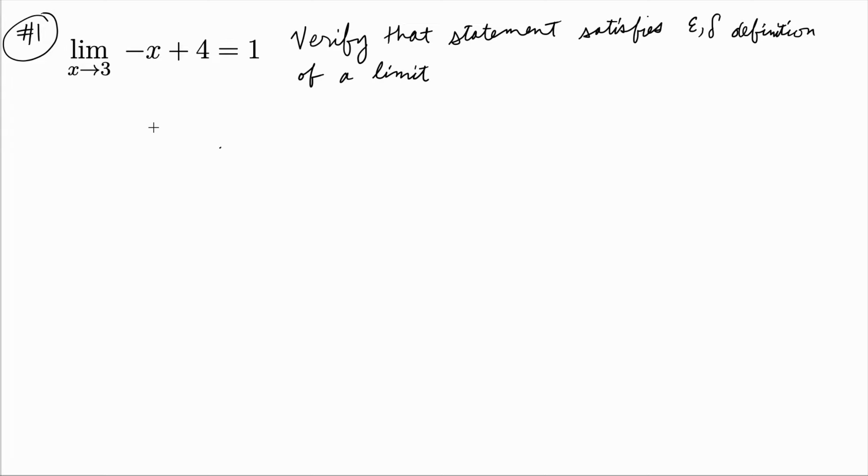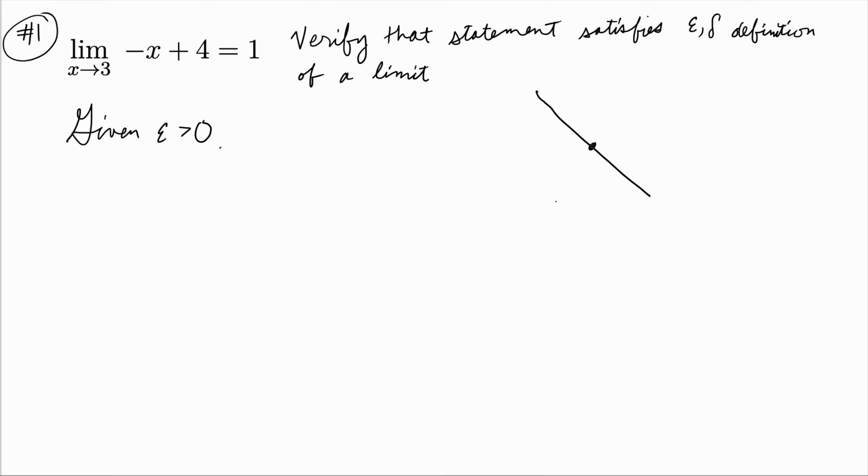Okay, now here's the solution on this one. Let's first remind ourselves what the statement is that we're going to be verifying. That is, given epsilon greater than 0, we're thinking we have a straight line of slope -1, coming down like so, and our x values are heading toward 3.